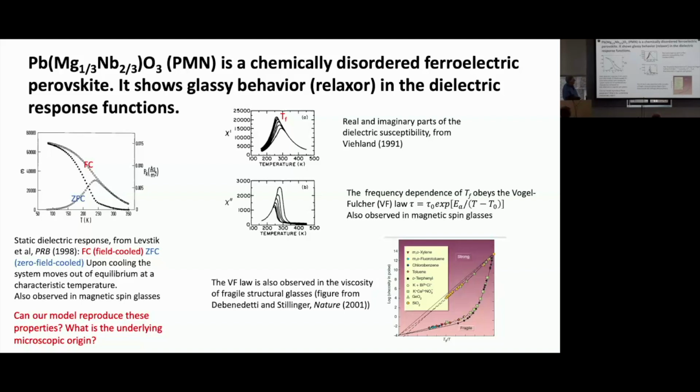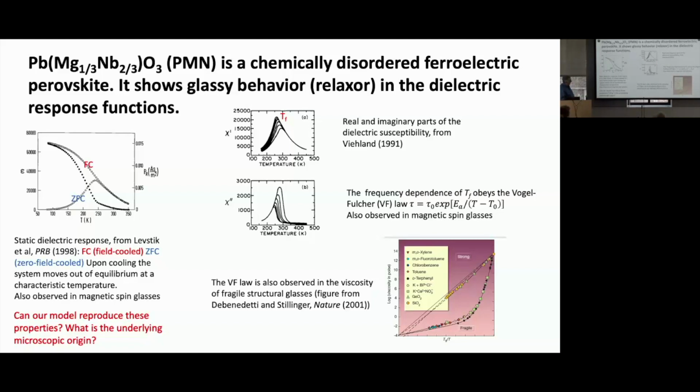If we associate a relaxation time to this variation of the peak with frequency, we get approximately, in experiment, this Vogel-Fulcher law, which is also observed in magnetic spin glasses.